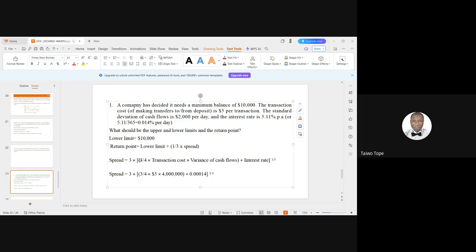So now, let's solve for the values in brackets. 3/4 multiplied by 5 multiplied by 4 million. What are we going to have? 15 million.